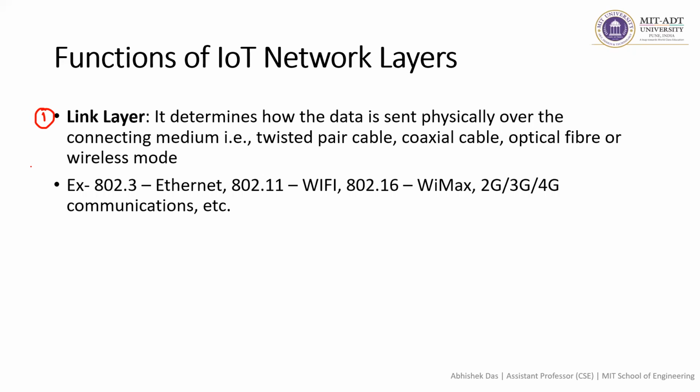The connecting medium can be wired as well as wireless. For wired connections, we can have a twisted pair cable, a coaxial cable, or optical fiber cables, and you can also have the wireless mode for communication in the link layer.